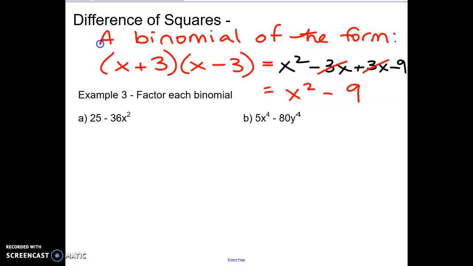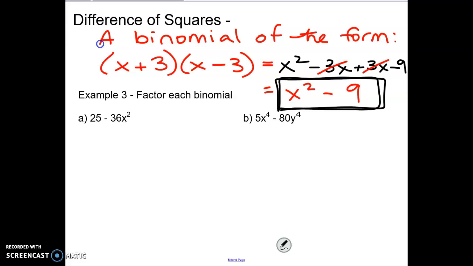So anytime you see this pattern, okay, this is a very important pattern. Anytime you see the pattern that looks like this, it is called a difference of squares. So again, it's a binomial, which means it's two parts. The front number has to be a perfect square.